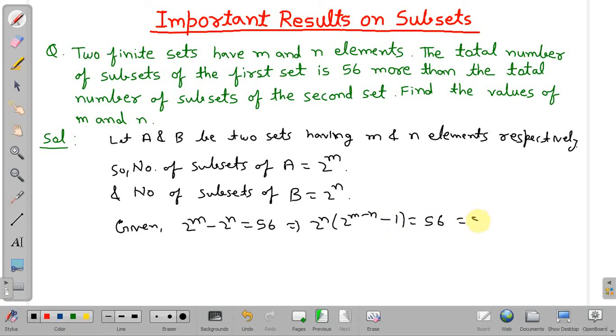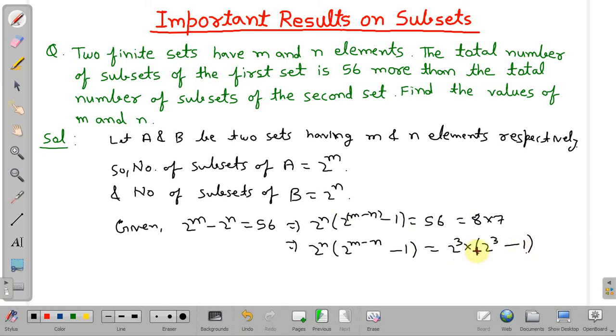So this can be written as 8 into 7. So this will be 2 to the power n and (2 to the power m minus n, minus 1), where m minus n is in the power. And this equals 8 into 7, so we can write 2 to the power 3 into (2 to the power 3 minus 1).